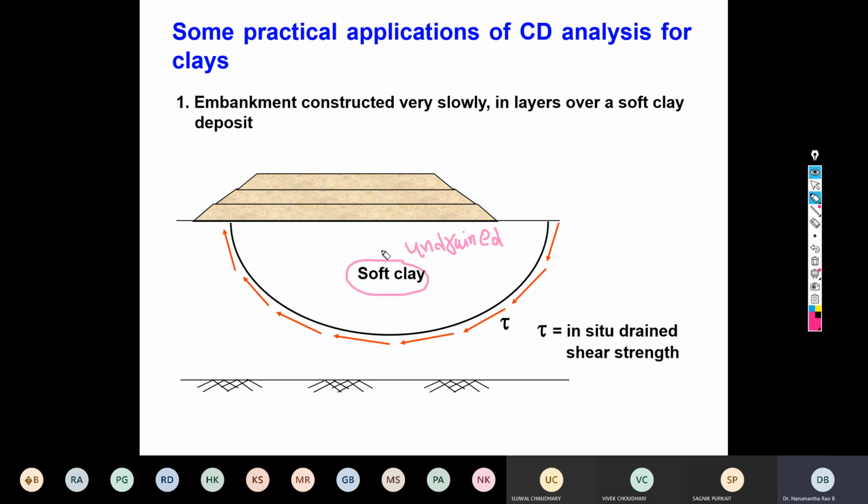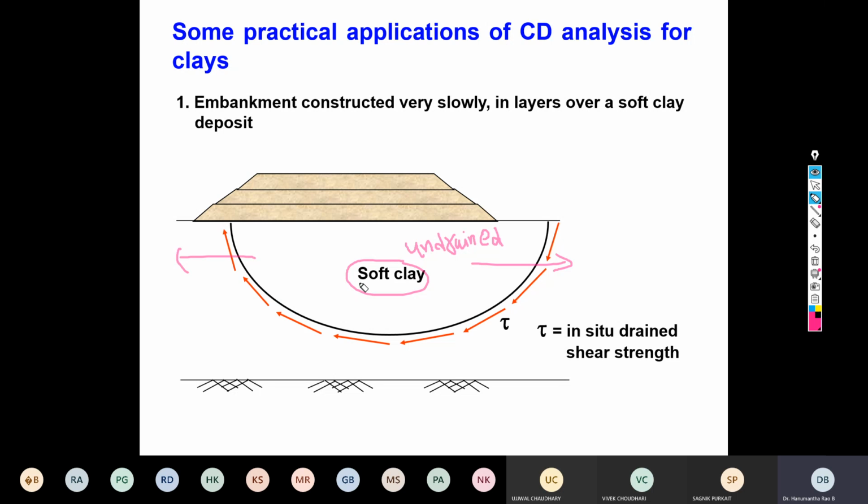The moment you start applying the delta sigma, the load borne by the water gets shifted to the soil particles alone, because water can't bear any compression load and tries to escape in the lateral direction, wherever nearby atmospheric condition is available. During this transfer of stresses between soil and water, the soil undergoes consolidation.